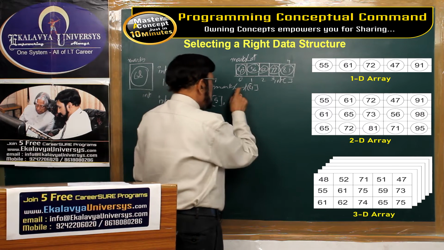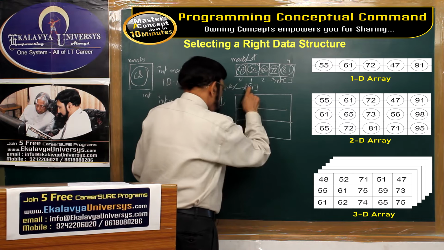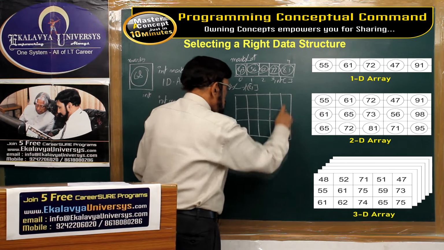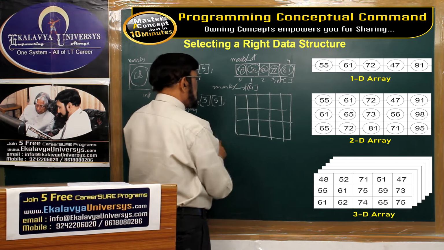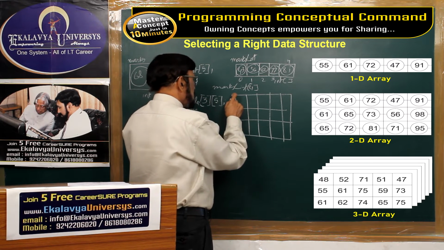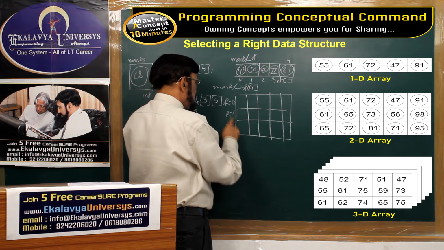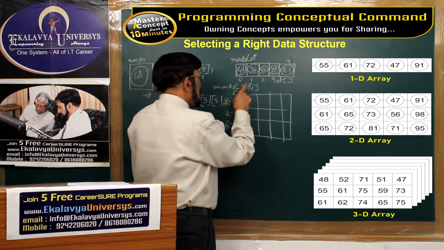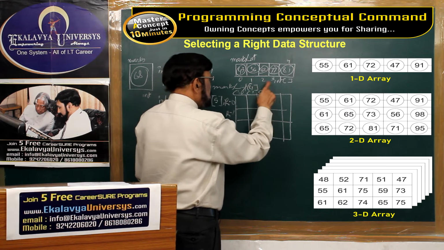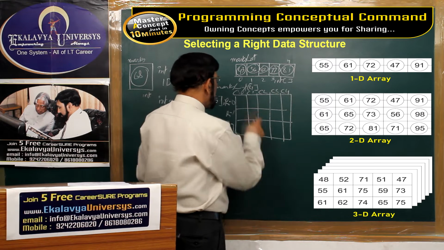How does it look? Like this, 2 dimensions are there. Here this is called row, this is called column. This is row 0, row 1, row 2, column 0, column 1, column 2, column 3, column 4. Like this you have to write.